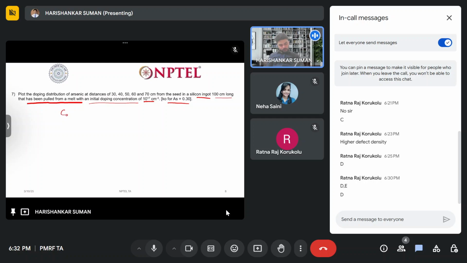So these are the given parameters: initial concentration C naught per centimeter cube, K naught 0.30, and L naught is 100 centimeter, and it's 30, 40, 50, 60 and 70 centimeter.